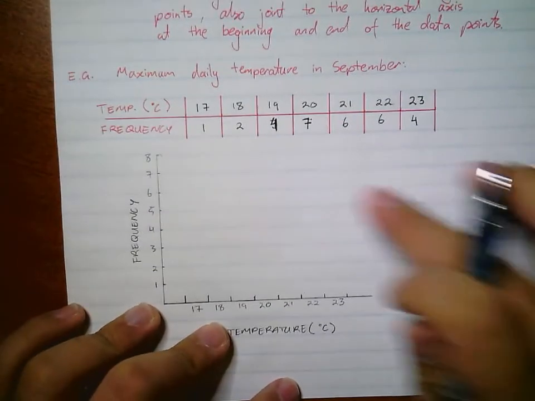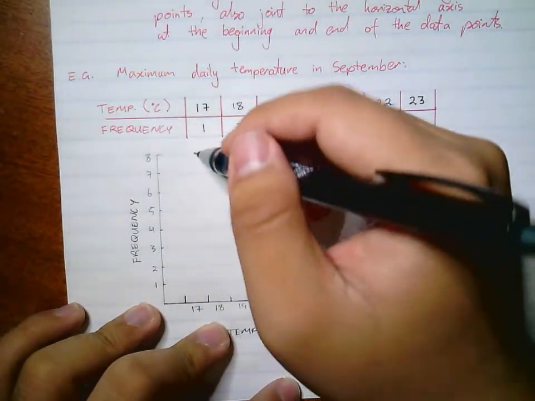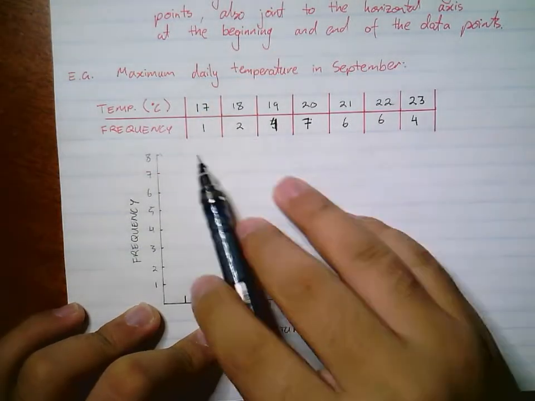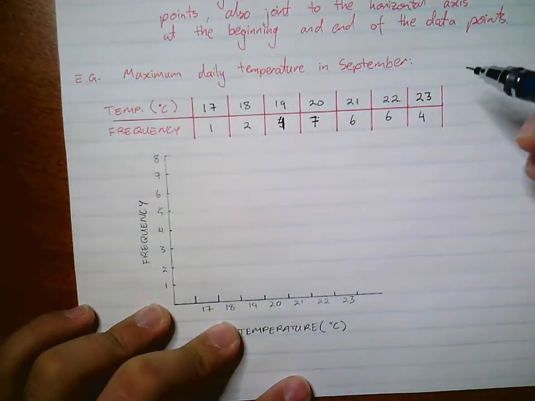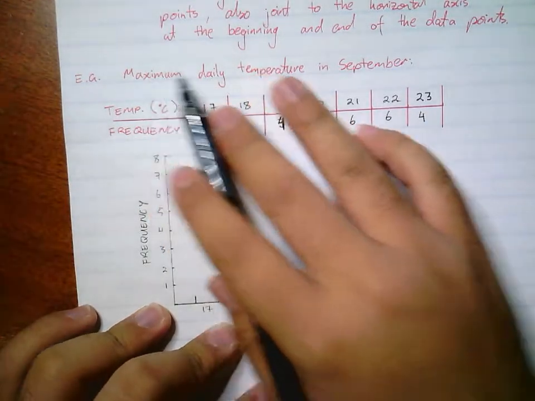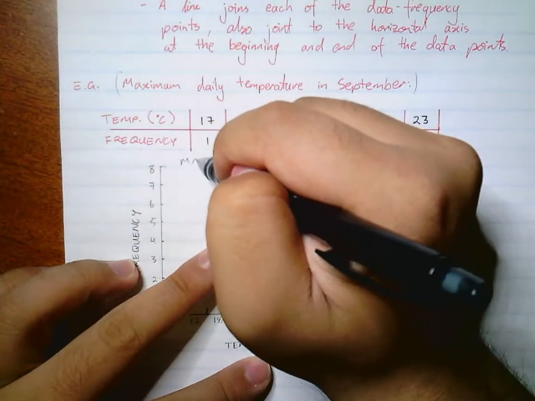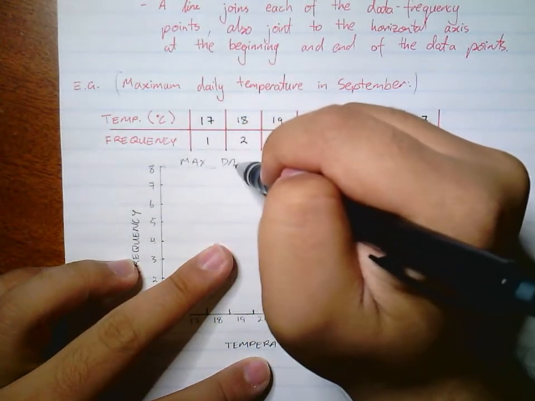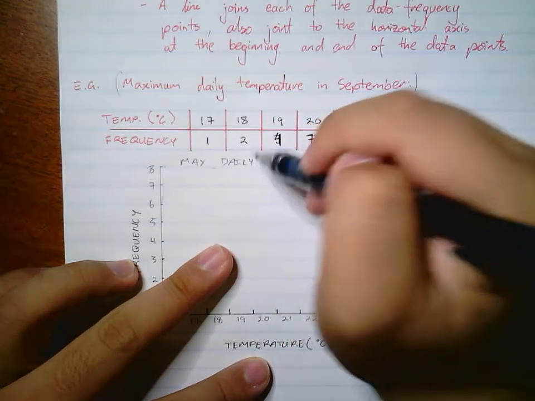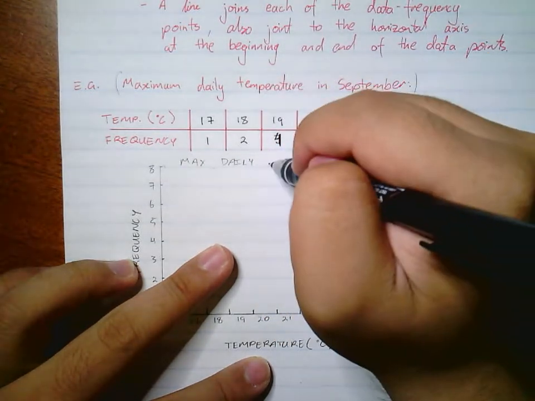And let's give ourselves a heading for this. Since we have this already, let's just use that as our heading. So this is our max daily temperature.